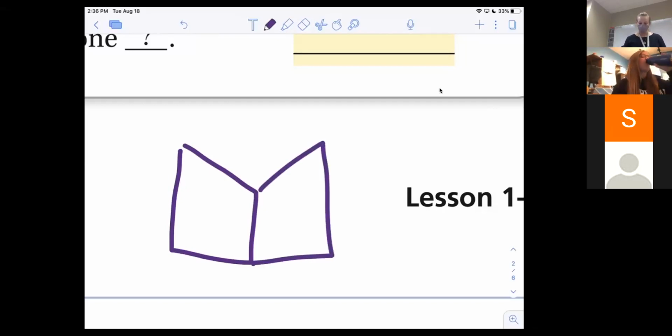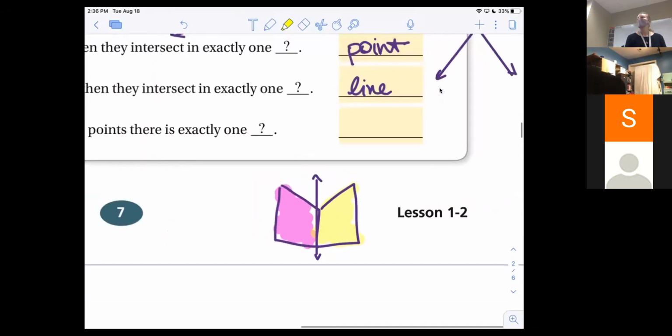Kind of looks like a book right there. Their intersection is a line. So here's one plane over here. Here's the second one over here. There are a ton of ways to draw it. I just find that the easiest way. Okay. 2 planes always intersect in a line.